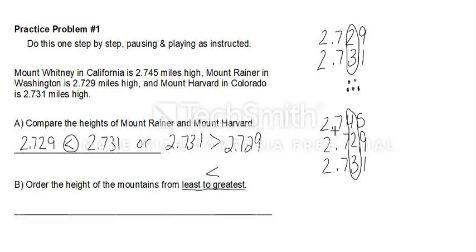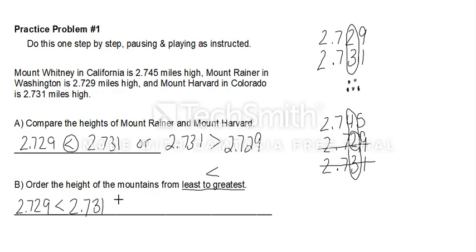So now looking here, I see that I have, going from least to greatest, this is the least number because there's only 2 hundredths. So that number would go first. 2 and 729 thousandths is less than, I've used that. Now I'm looking at the other two numbers. Going from least to greatest, this 3 hundredths, so I know 2 and 731 thousandths, I use that number.